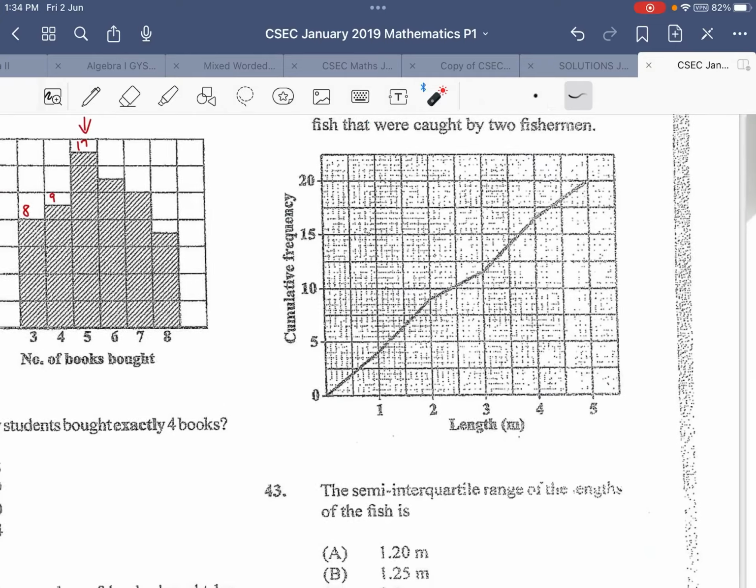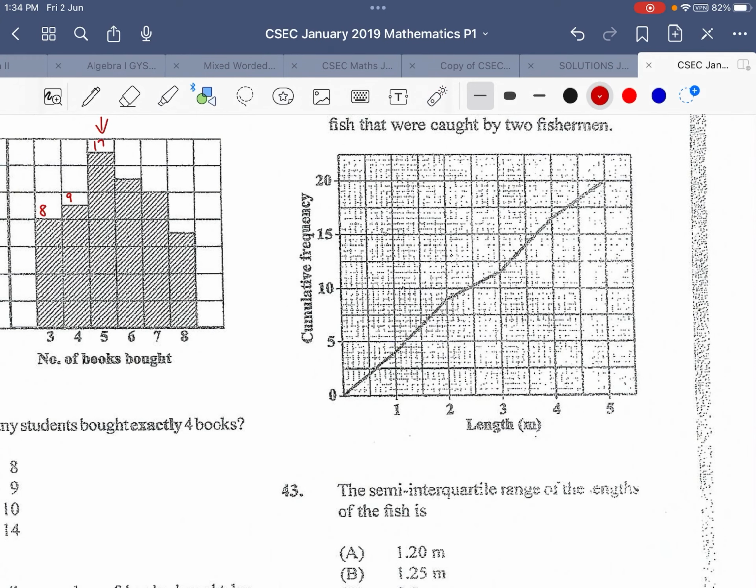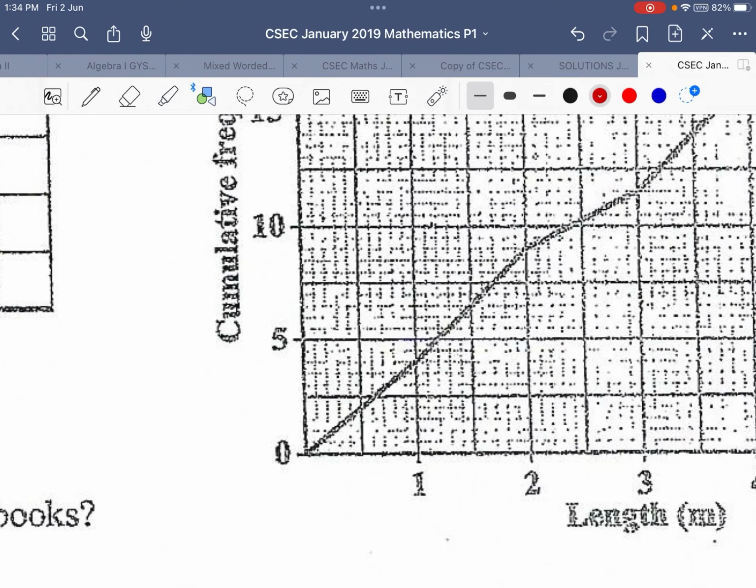The first quartile would occur a quarter of the way through your data. So a quarter of 20 is 5. So let's see where that takes us. All right, so the length would be 1.2 meters.